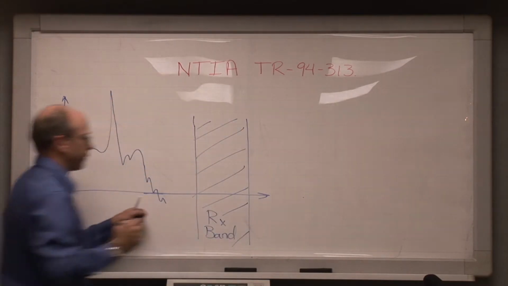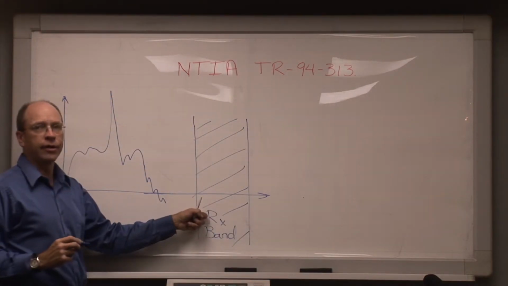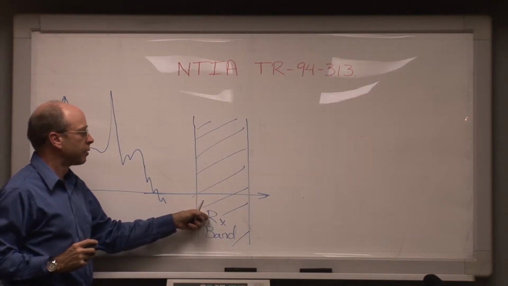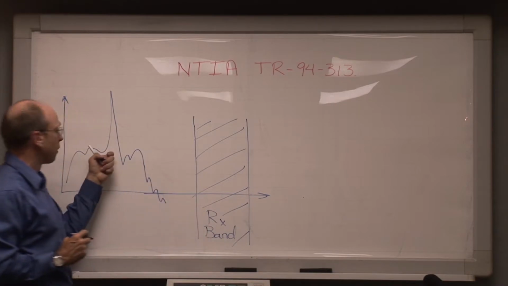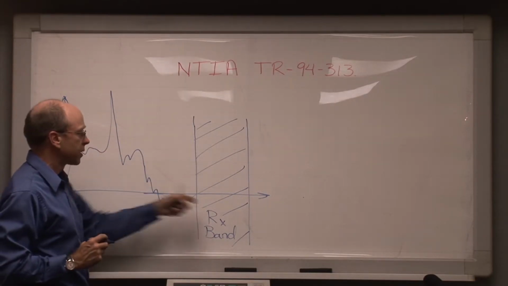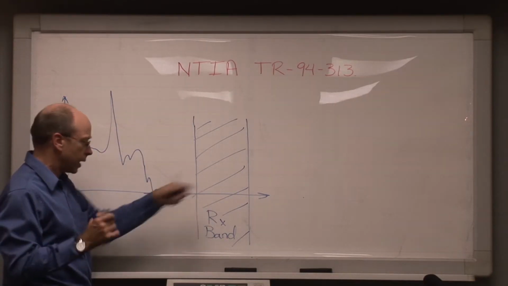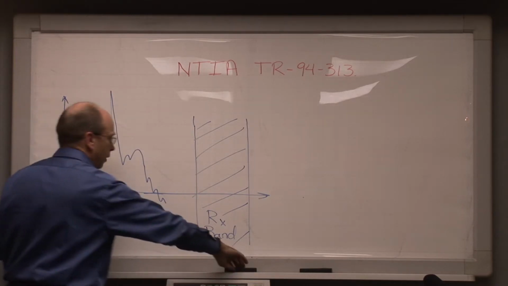If you do see enough energy in the receiver band to cause co-channel interference, as we discussed in the last talk, then you're going to have to mitigate that in any event. Now, that doesn't necessarily mean that RF front-end overload couldn't occur, but if you see the in-band energy is high enough, then you'll have to mitigate that.